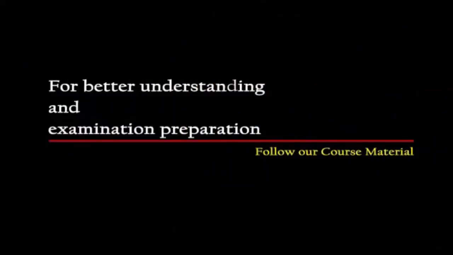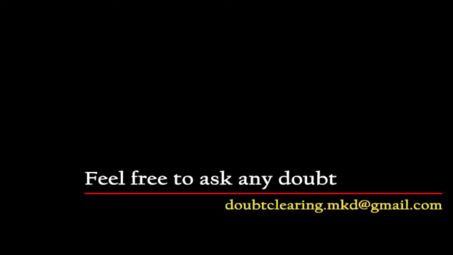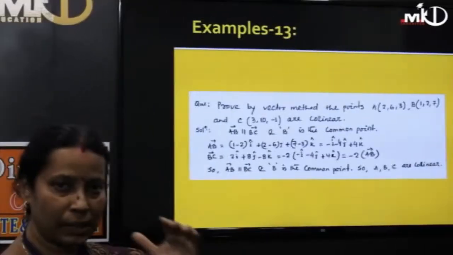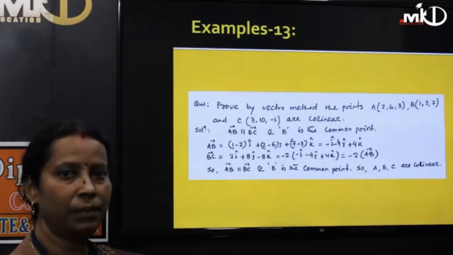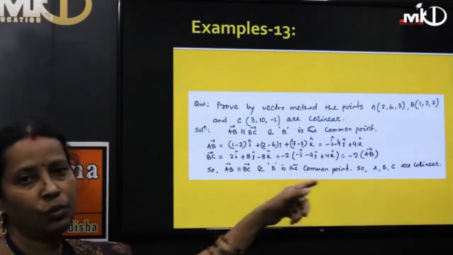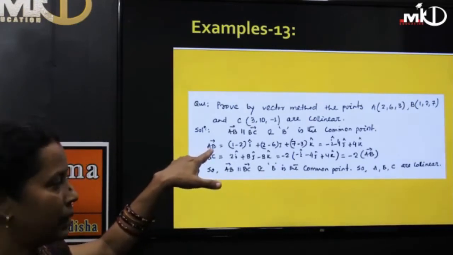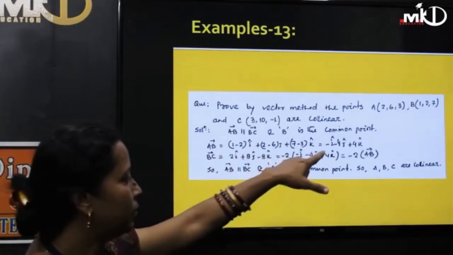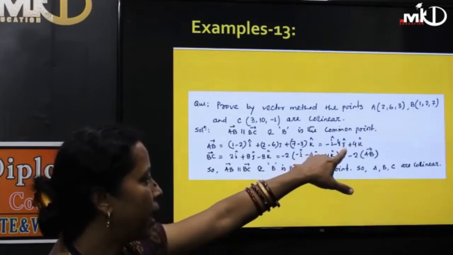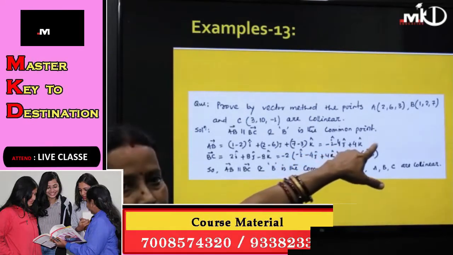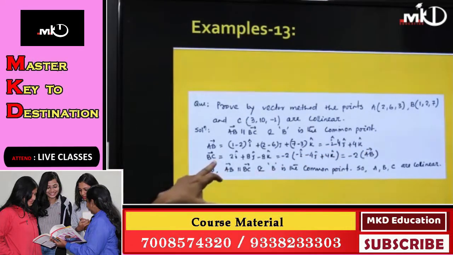Already we know if one vector is expressed as the scalar multiple of another vector, then the two vectors are parallel. So here we find the AB vector, which is equal to minus i cap minus 4j cap plus 4k cap. And what is the BC vector?